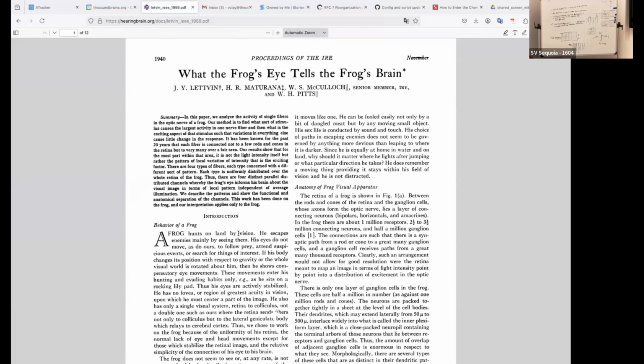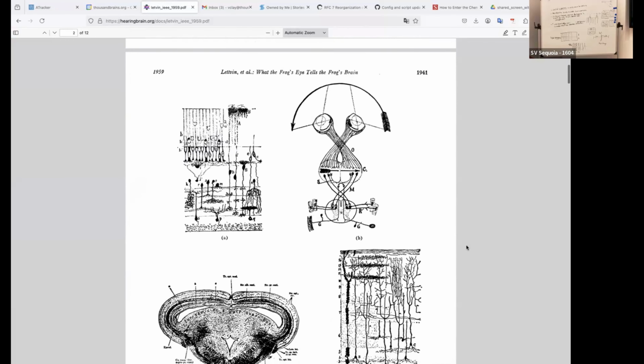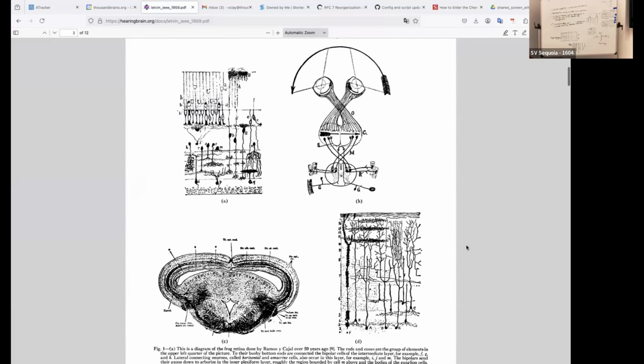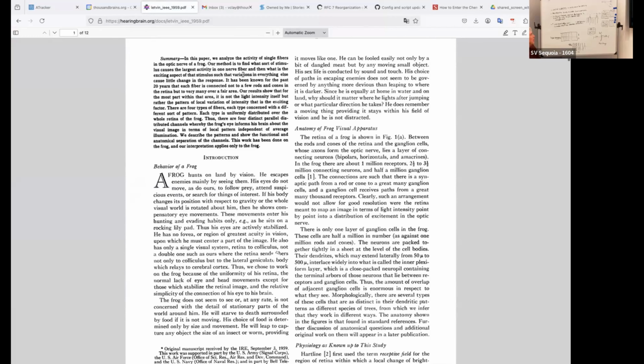Oh, it goes back to McCulloch. McCulloch is like the super old guy, McCulloch and Pitts, do you remember? So it would have been around the same era, 41, it says. I don't remember the details of the paper, but that was the summary.